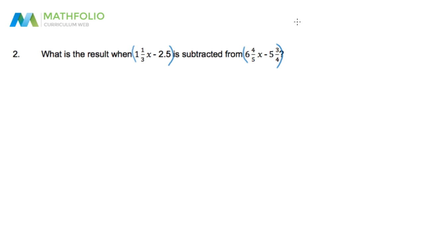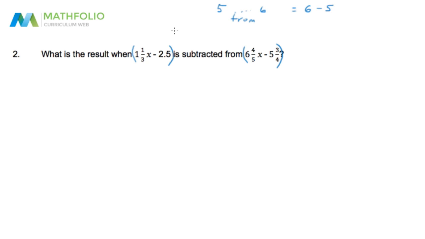Now, if we were to say something, what is the result when 5 is subtracted from 6, the math would be 6 minus 5. Notice what we did. What is the result when 5 is subtracted from? Now, from is the very important word here because it switched our 5 and 6 around.